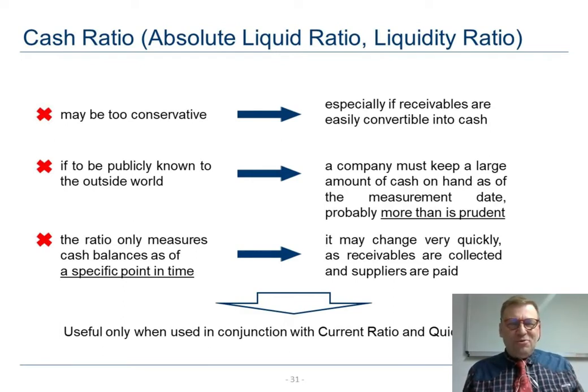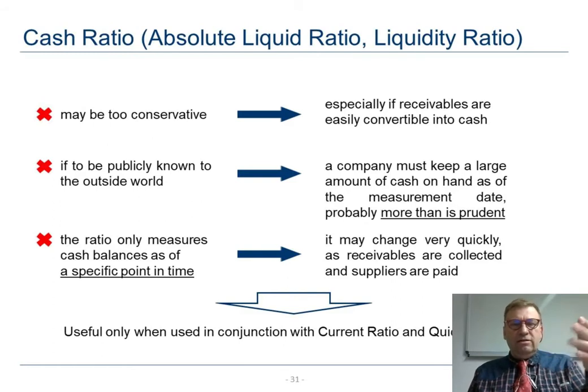I'm sort of joking, possibly to wake you up, because if we throw out, we have the good quick ratio, and then we think maybe not so good, so we eliminate receivables to have cash ratio, it may be too conservative, because these receivables may be easily convertible into cash.